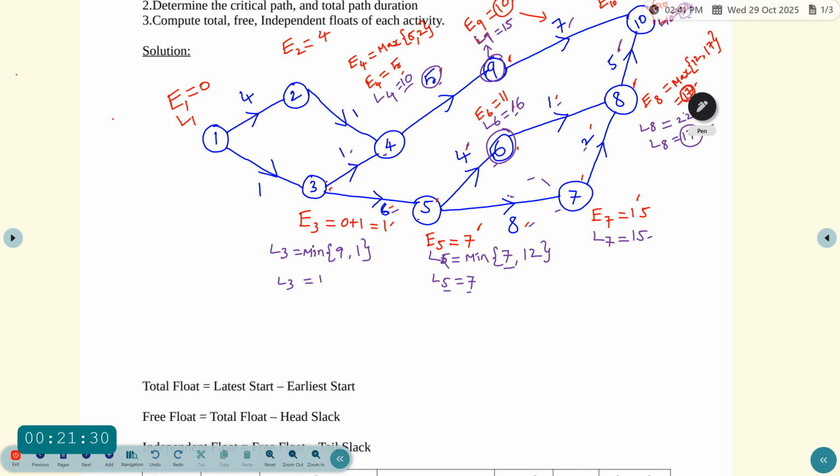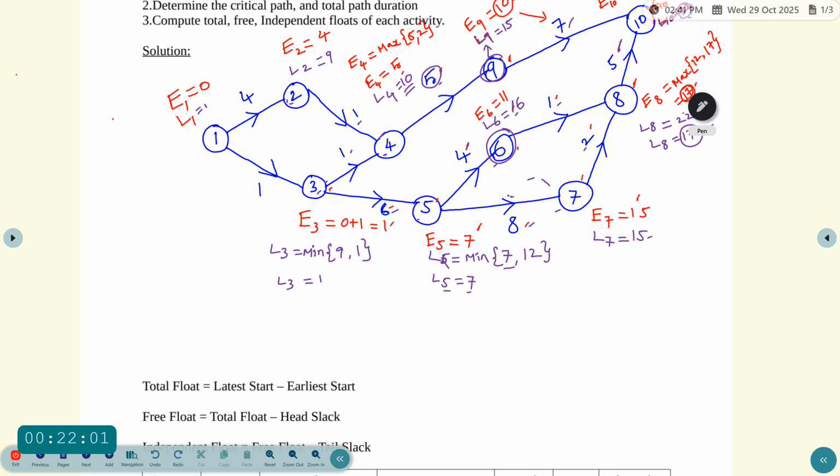So next event in reverse process is L2. See event L2, it will come from 4 only. So use L4. L4 value 10, 10 minus 1, which is equal to 9. And then the last event, L1: there are 2 events, first one 2 and then another one 3.